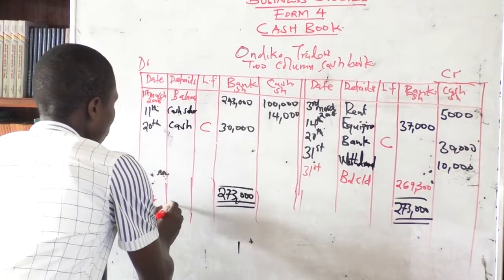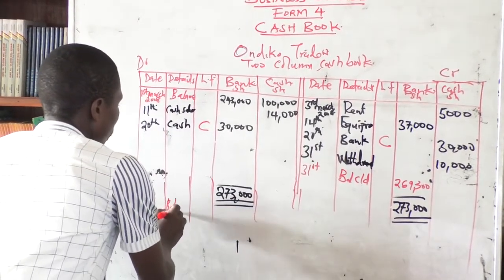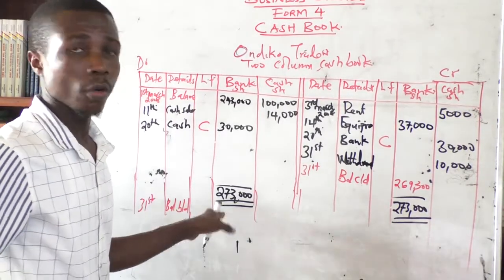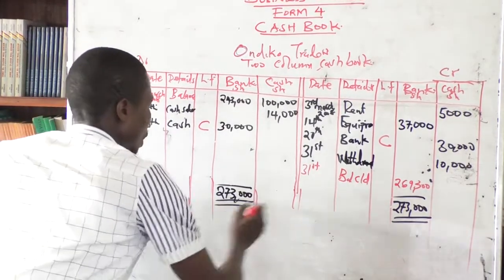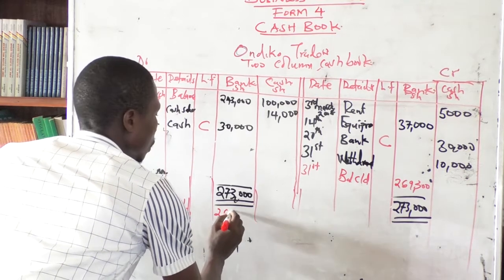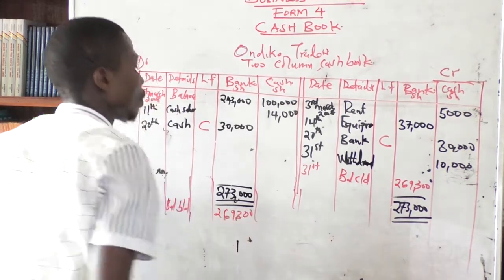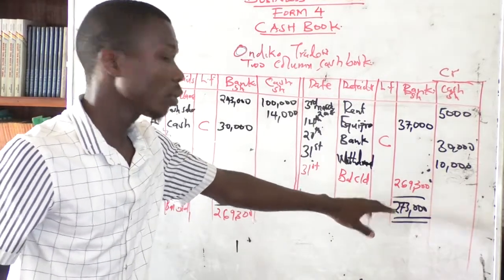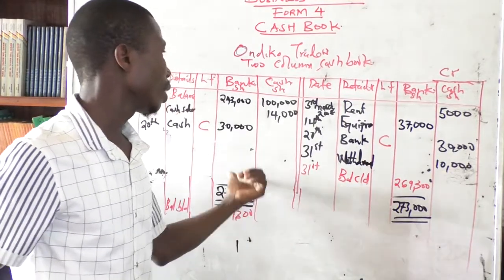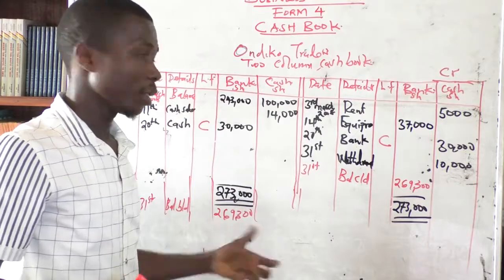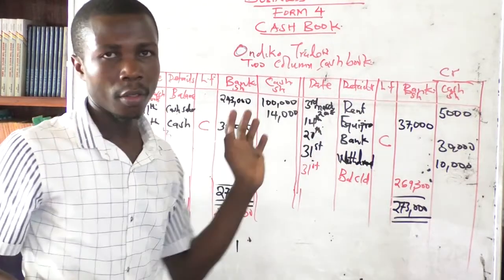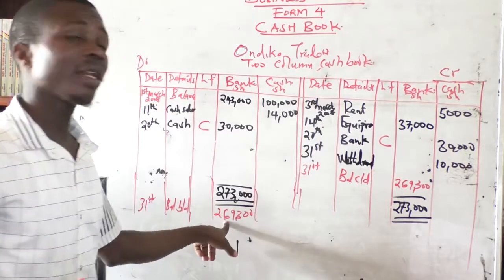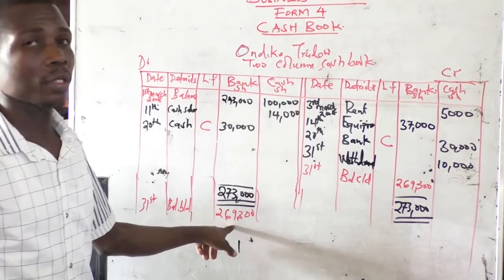Then in the details we say balance brought down, BD. So if the business is closing today, we will have this amount here, 269,300, as the amount we are closing the business with. So here it is the balance carried down to show the amount remaining for it to balance with this one. These are the money in the business. These are the money being taken away. So 37 subtract what the business has. The balance brought down is this one. I hope you understand it.